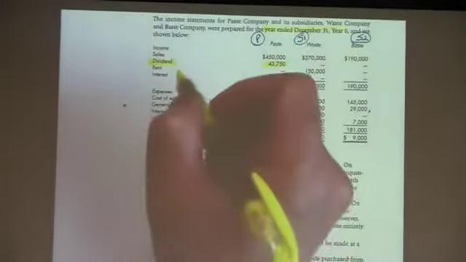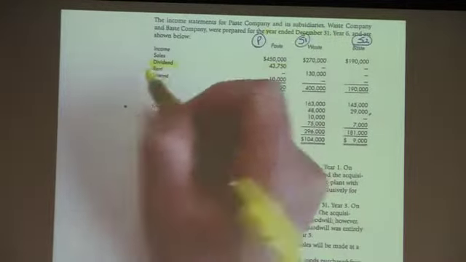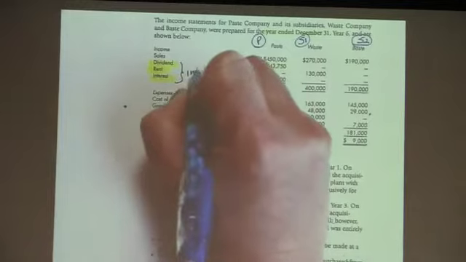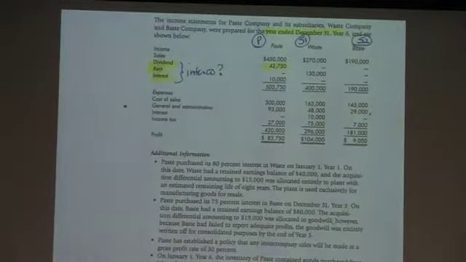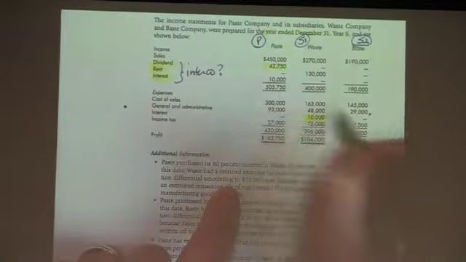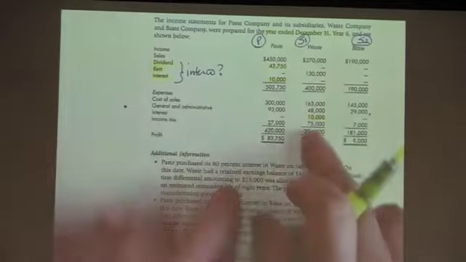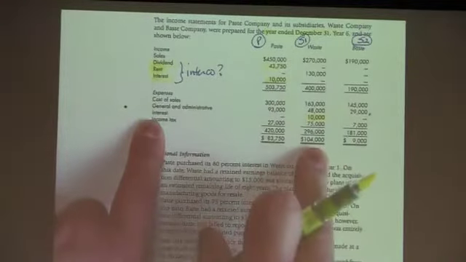And normally when you get some sort of interest and rent, oftentimes, but not always, these are probably intercompany. So I'm going to put the word interco with a question mark because I'm not sure yet. I need to read the question, but clearly you could see that the 10,000 looks like a good match, isn't it, to perhaps Paste charging interest to Waste.